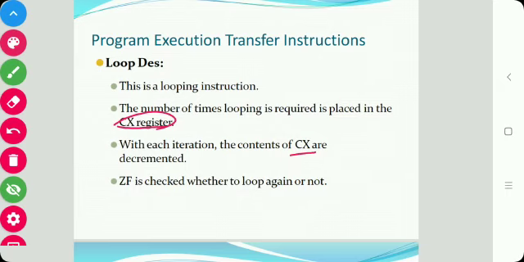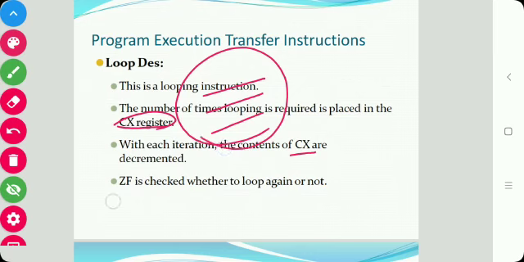It is not necessary to decrement the CX manually; it is automatically decremented with each iteration, and that group of instructions is executed until the zero flag is 0, or until the count becomes 0.